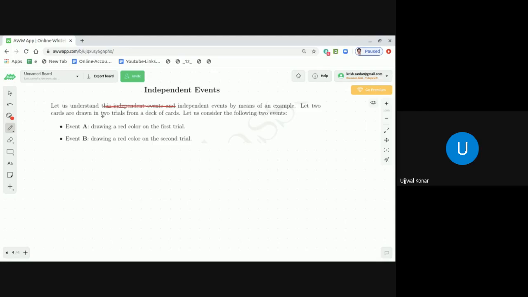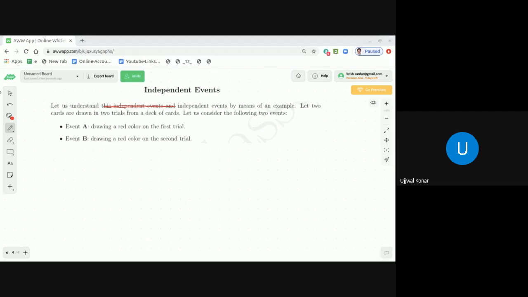Two cards are drawn in two trials from a deck of cards. Let us understand the following two events. Event A: drawing a red color on the first trial, and event B: drawing a red color on the second trial. Now, can we say that events A and B are independent of each other? Let's see.